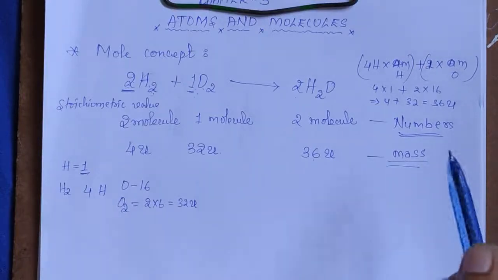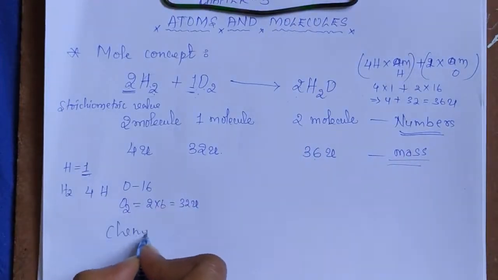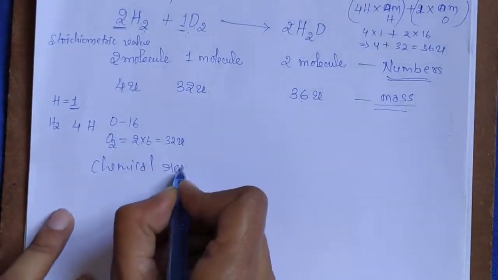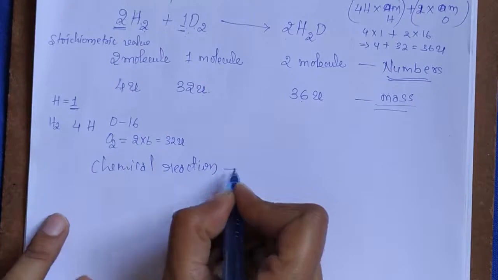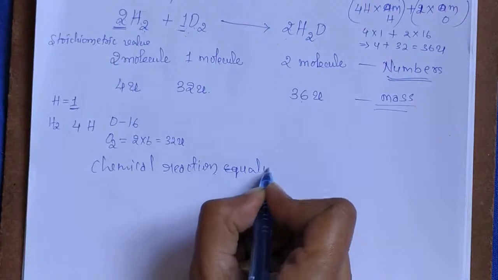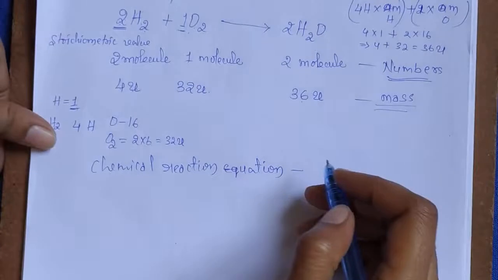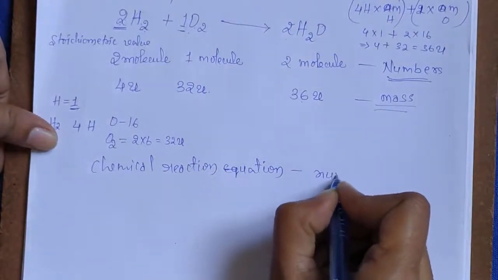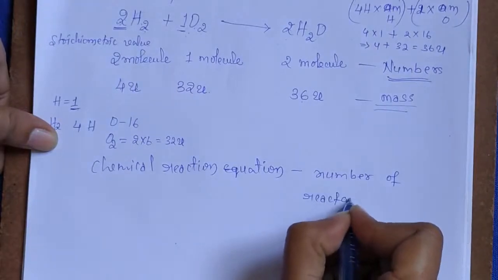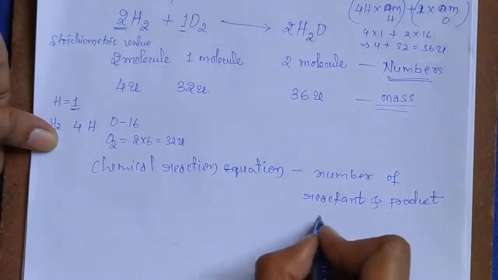But a chemical reaction equation always indicates the number of reactant and product molecules.